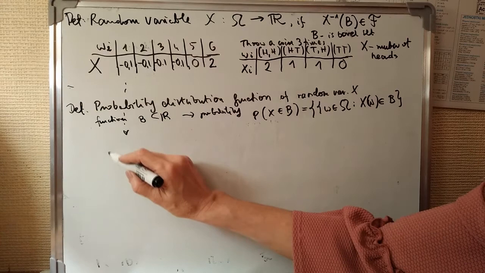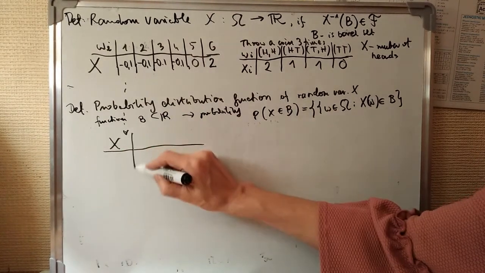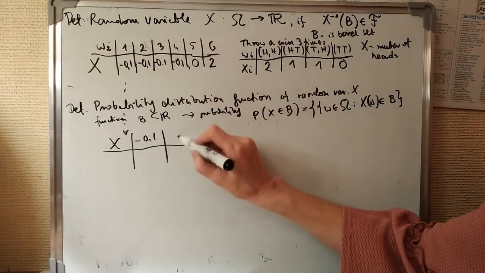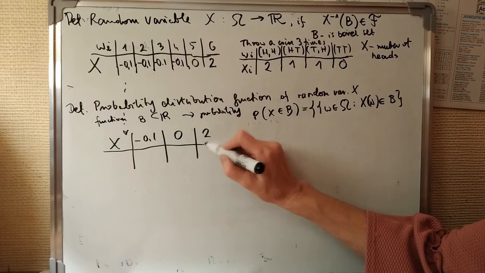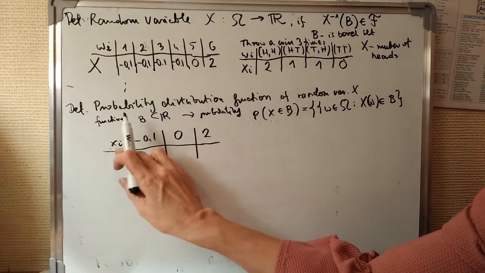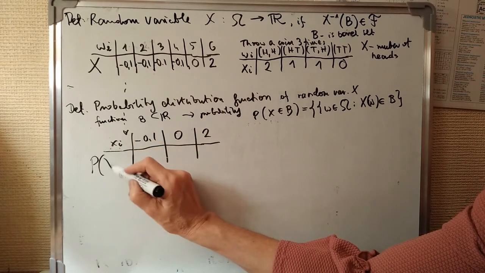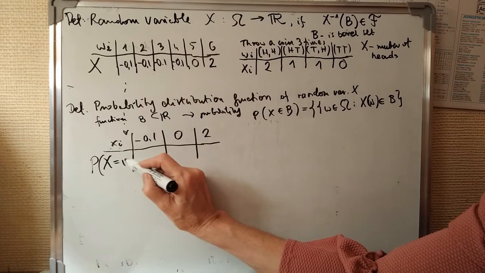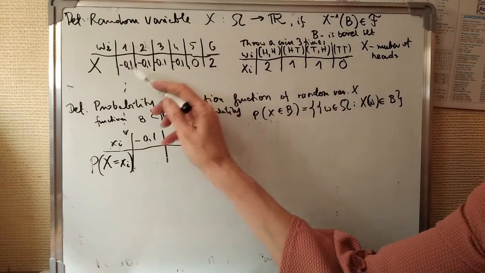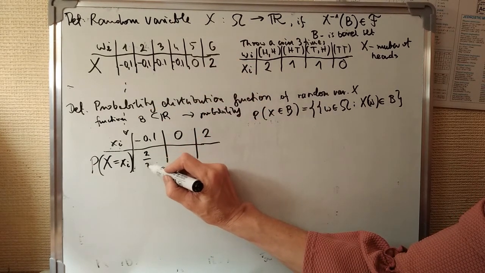Let's continue. Our random variable has three values, minus 0.1, then it has value 0 or value 2. So these are possible values of a random variable, and now the probability that the random variable has exactly this value. What's the probability? There are 4 out of 6 possible events, so this is 2 over 3.